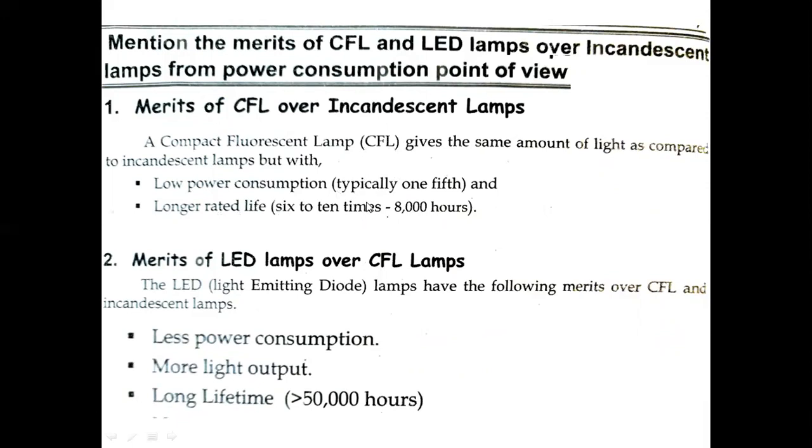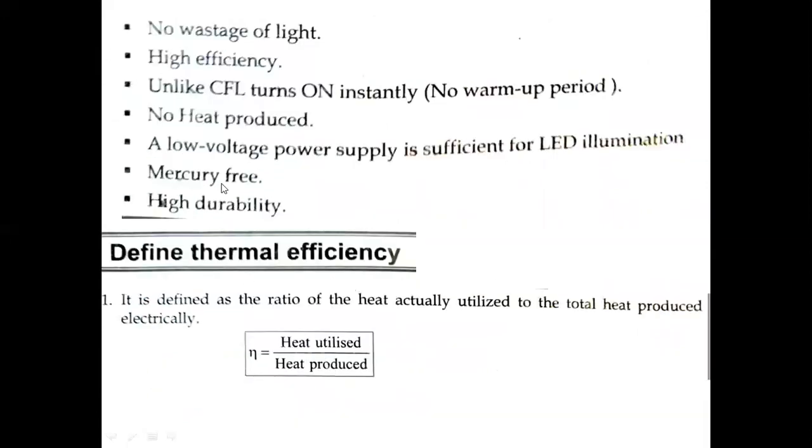Okay. Merits of LED lamps over compact fluorescent lamps, CFL lamps. The LED lamps have the following merits: less power consumption, more light output, long lifetime, no wastage of light, high efficiency.